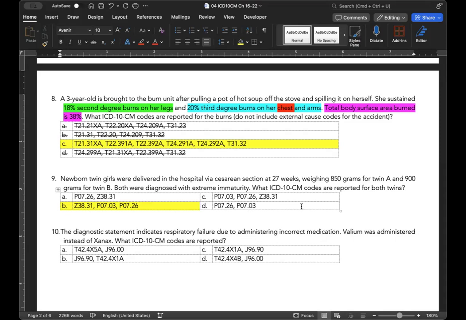Can anybody think of any specific questions that we want to go over very quickly before we disband for the evening? Mine is not really what we're doing. I think the ones like the burn, where it's like 4, 5, 6, 7 codes, are the most helpful to me, because when it comes to taking the exam, I freak out because it's so overwhelming.